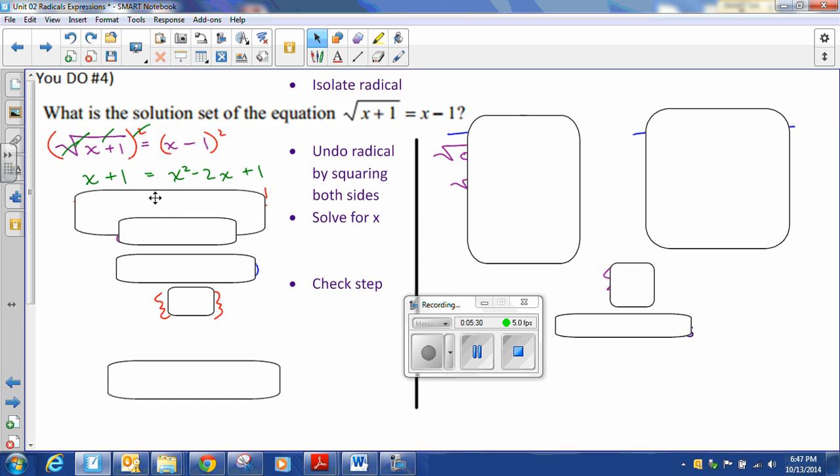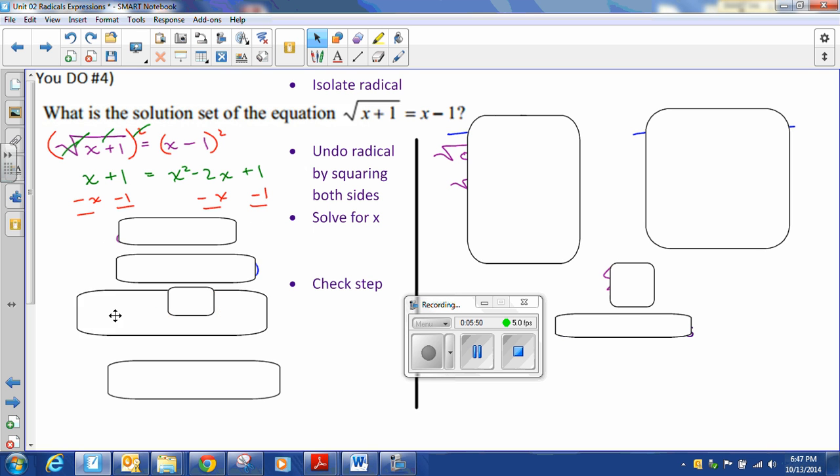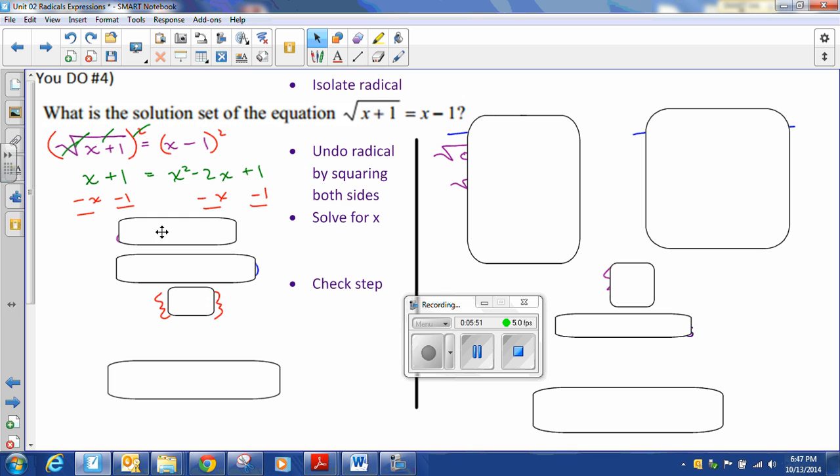leaving x plus 1 equals, and once again we must FOIL the binomial, x squared minus 2x plus 1. We want to collect all of our terms and variables to one side, leaving 0 on the other, minus x minus 1, minus x minus 1. We end up with this quadratic equation, 0 equals x squared minus 3x.